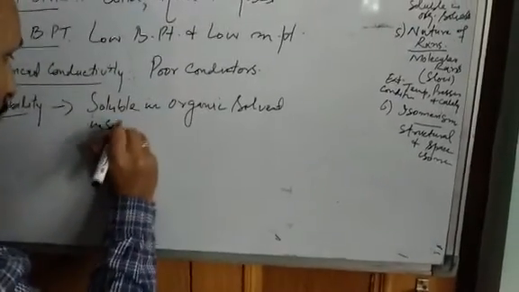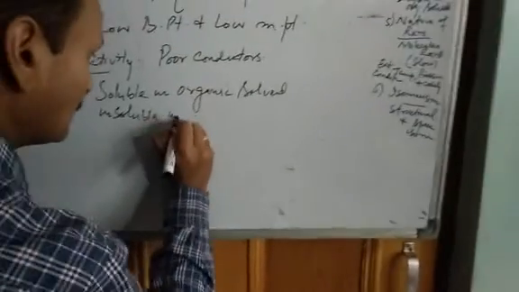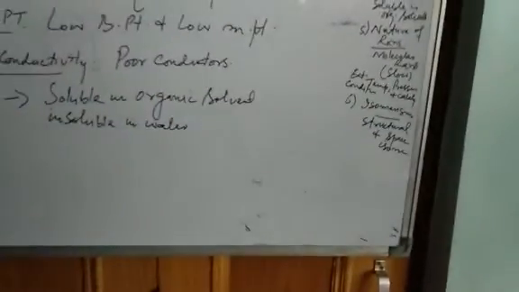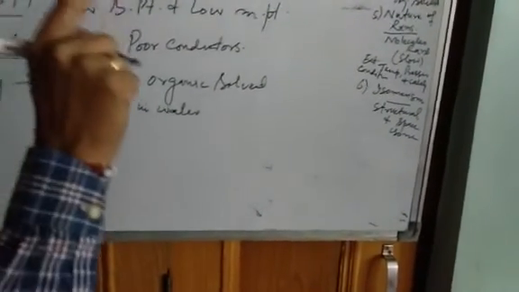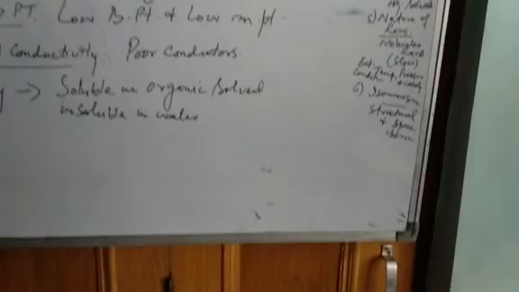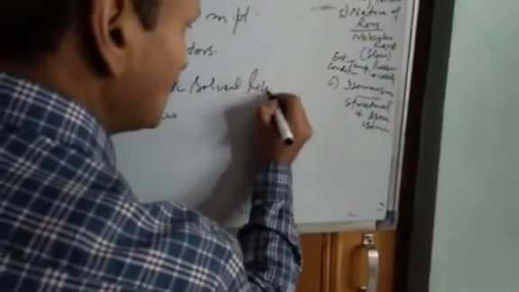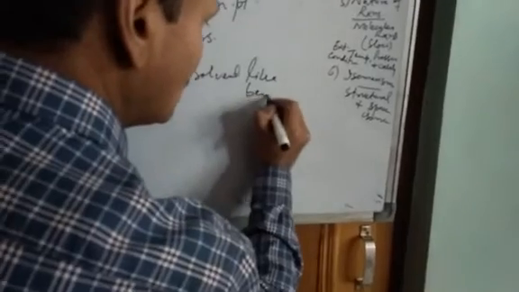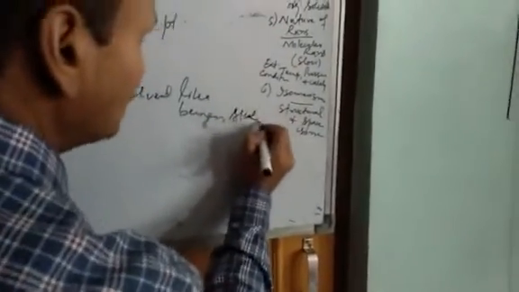This property is quite opposite of ionic compounds. As you remember, ionic compounds were soluble in water. They were insoluble in organic solvents, but these are soluble in organic solvents like benzene, alcohol, etc. This is solubility.